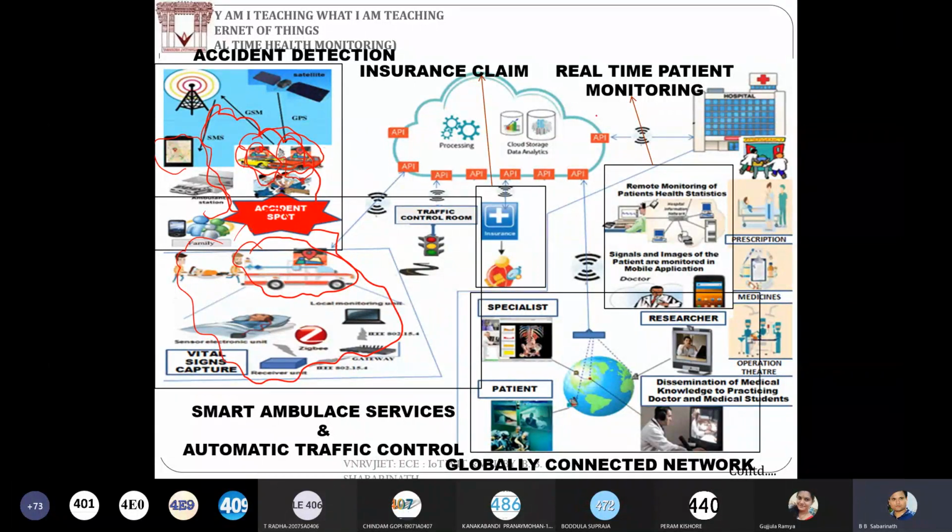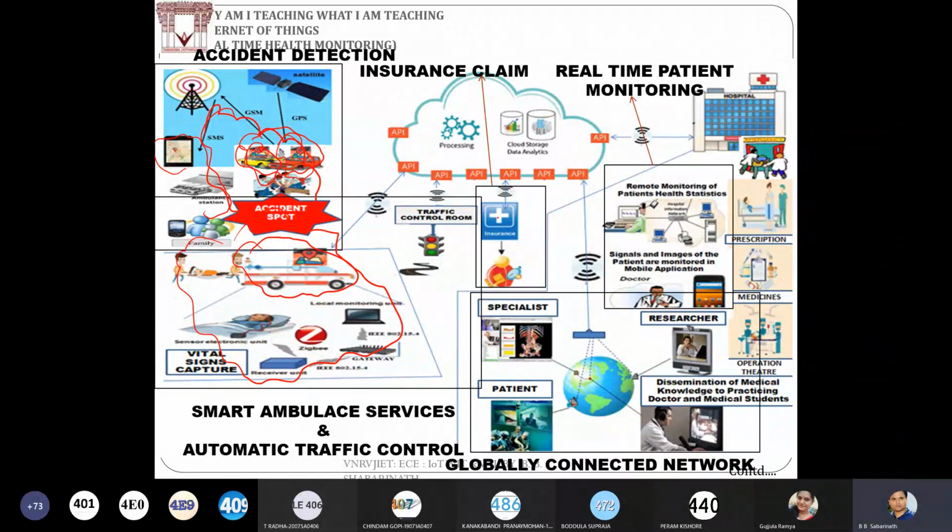Also, the doctors present in the hospital can monitor their status. So many such situations happen, right? Even when the patient goes there, he has to take all the basic tests, and then he may die.